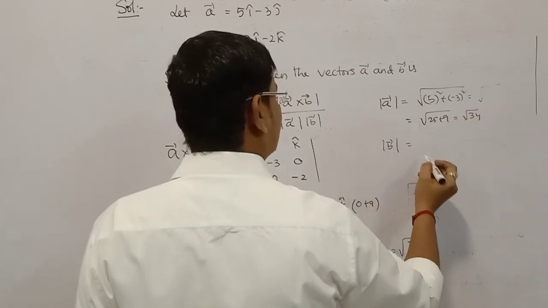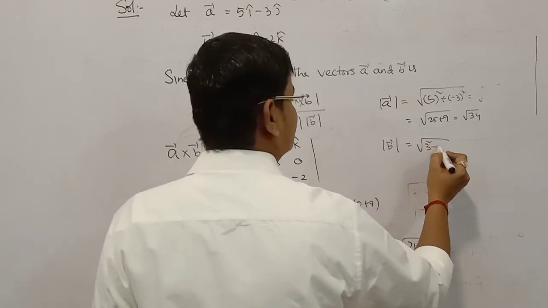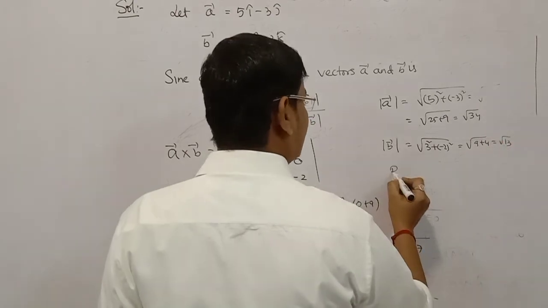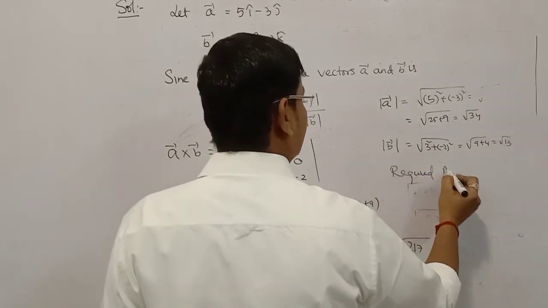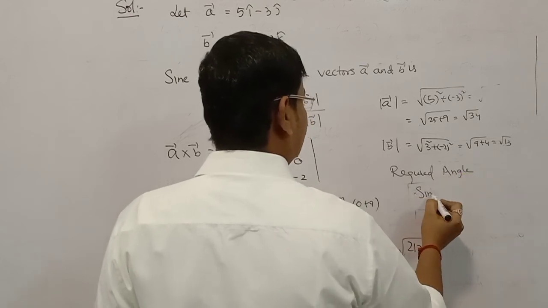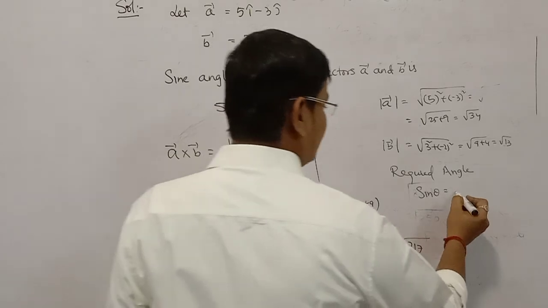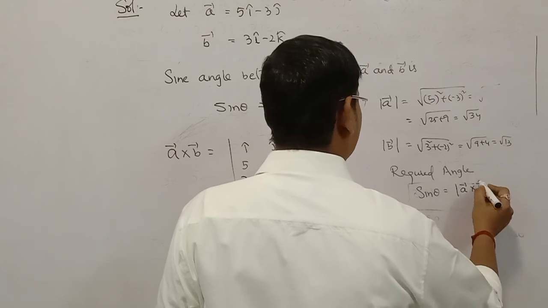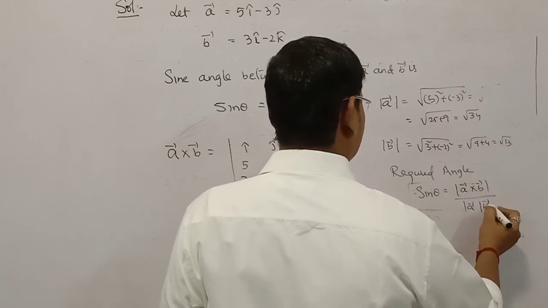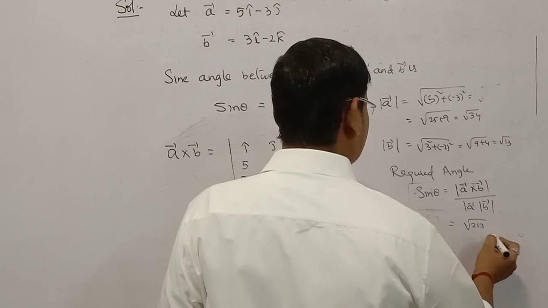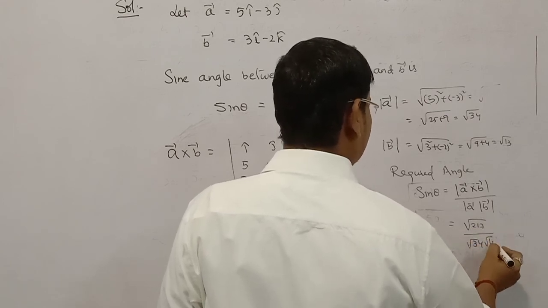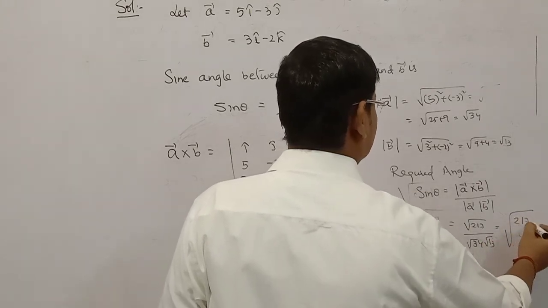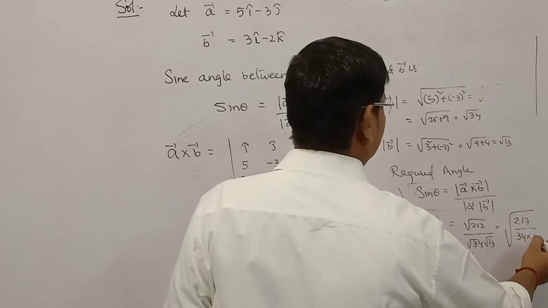Magnitude of B bar is equal to root over 3 square plus minus 2 square, that is root over 9 plus 4, root 13. So the required sin theta is equal to, writing the formula once, A bar cross B bar by mod A bar into mod B bar, that is root 217 by root 34 into root 13. You find the value.